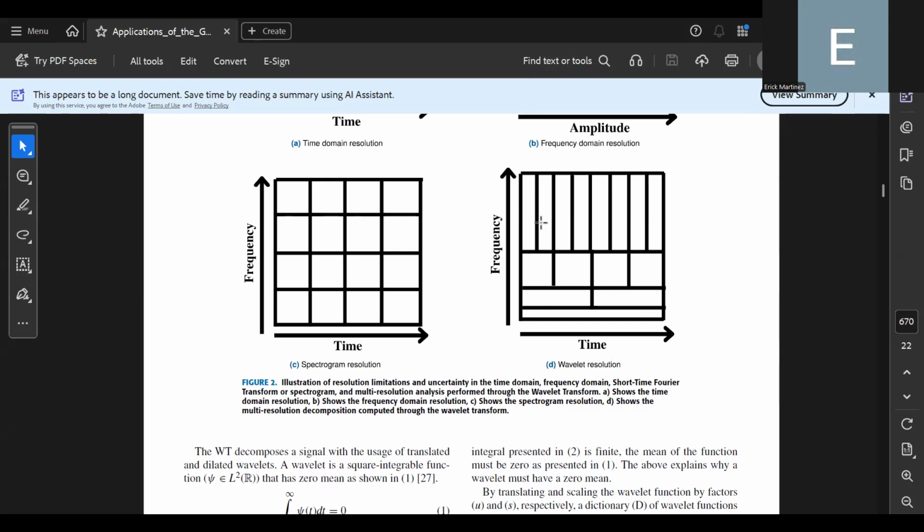The way in which we change the size of this window is by squeezing, expanding, or compressing the mother function that we call the mother wavelet. The wavelet has this property that we can change its frequency, or the expansion or retraction of its effective window, based on the frequency domain. Okay. And in this way, we can overcome to some extent the Heisenberg uncertainty principle.